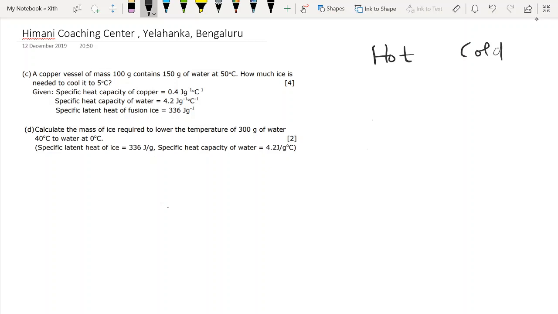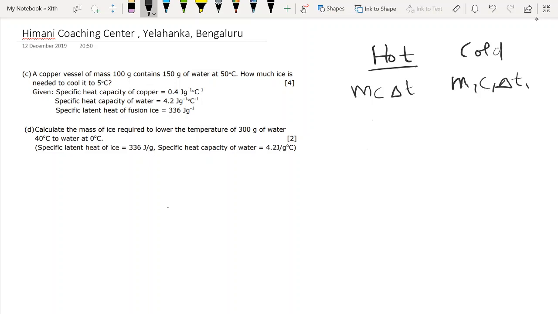Okay, so heat transferred or heat lost by the hot body will be given by M, mass of the hot body, C, specific heat capacity of the hot body, into delta T. While heat gained by the cold body, let me write mass as M1, specific heat capacity as C1, and delta T1.